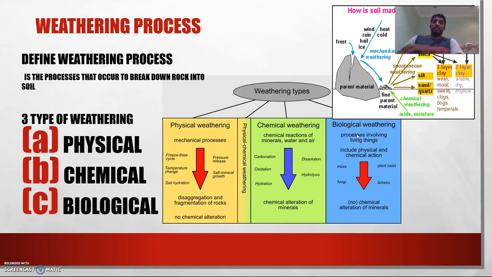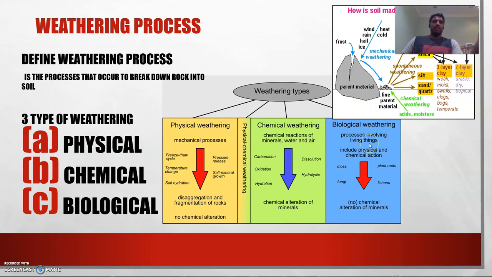Well, after physical and chemical weathering comes biological weathering, which again needs bacteria, fungi, mosses, lichens, or plant roots. You have to understand and remember these processes, because questions might come out in the exam.